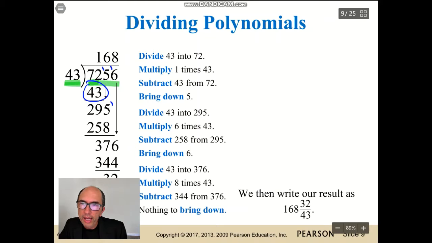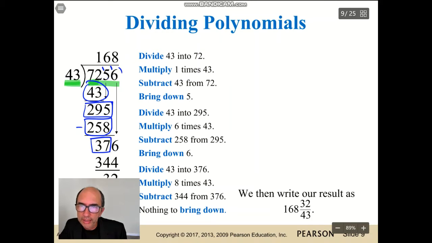Now the 29 is going to become 295. 295 divided by 43 is going to be 6. 6 multiplied by 43, 258. Then subtract 295 minus 258. Then you have 37 as a result.